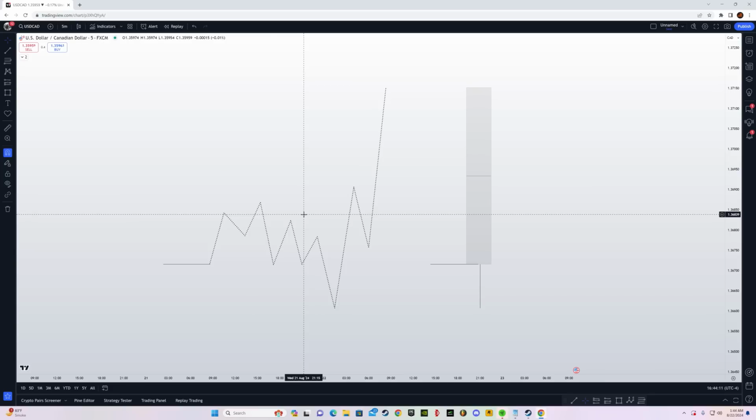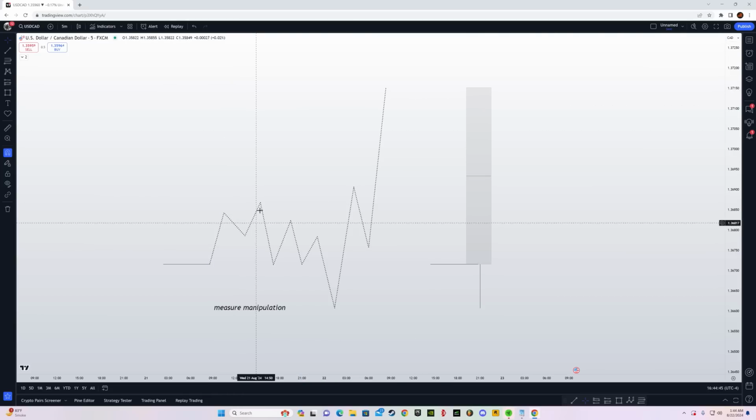We need to identify the manipulation move accurately, and to do so we use the standard deviation projections, and I'm going to teach you how to use them. So step one: we have to identify the manipulation move first, and we simply use the standard deviation projections, which is very simple.